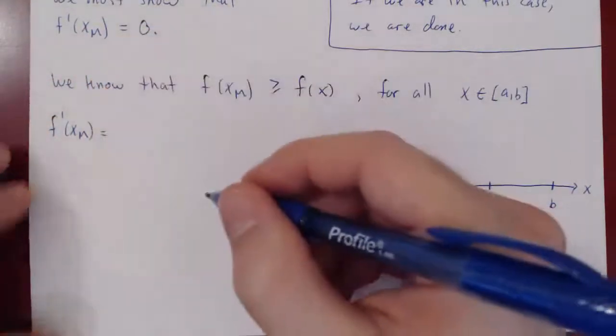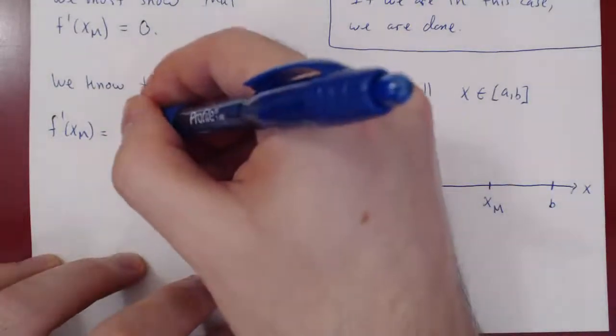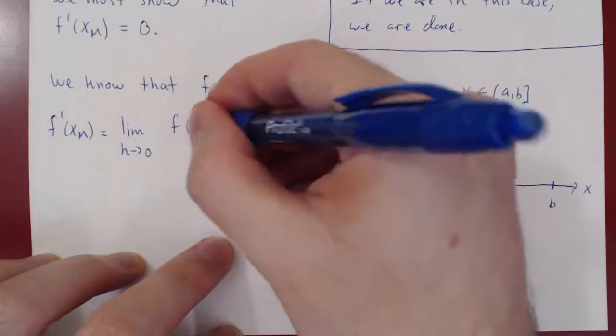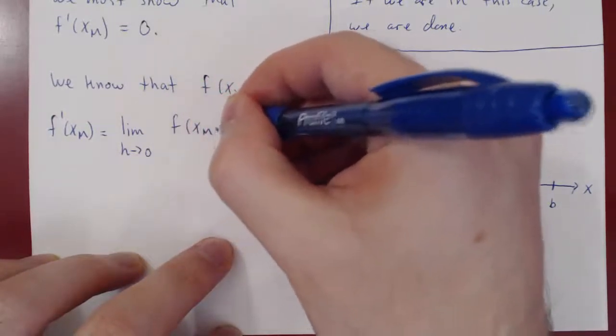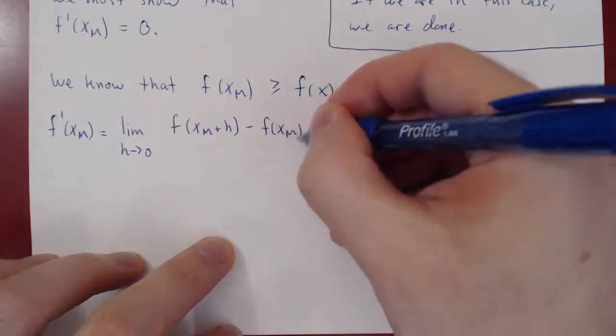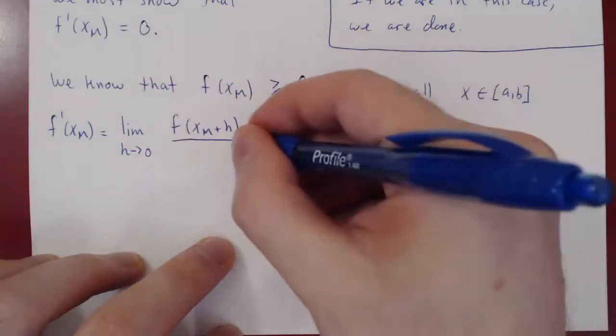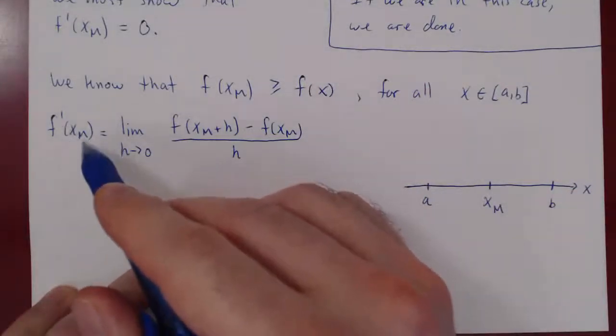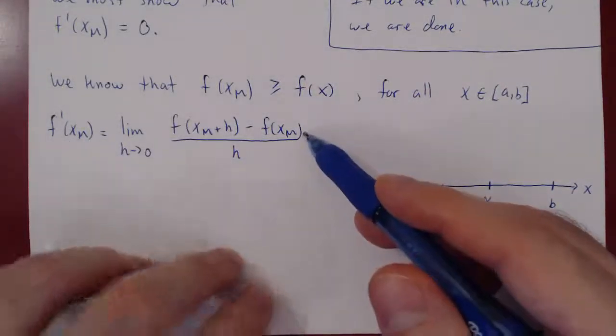So you say, okay, what is the derivative of the function at xm? By definition, we are letting h approach 0, and we take f of xm plus h minus f of xm divided by h. And that's the derivative of the function at xm by the definition.